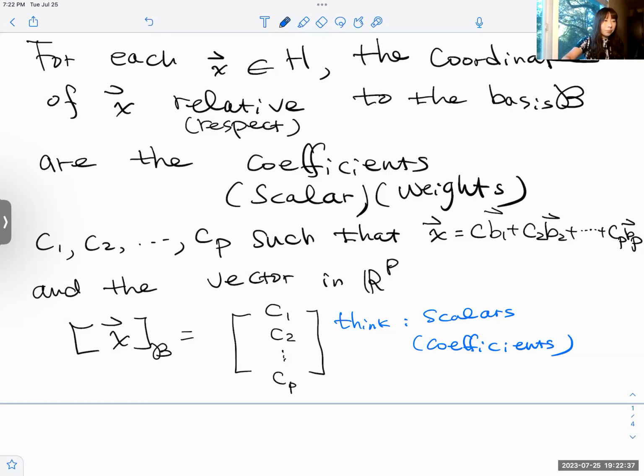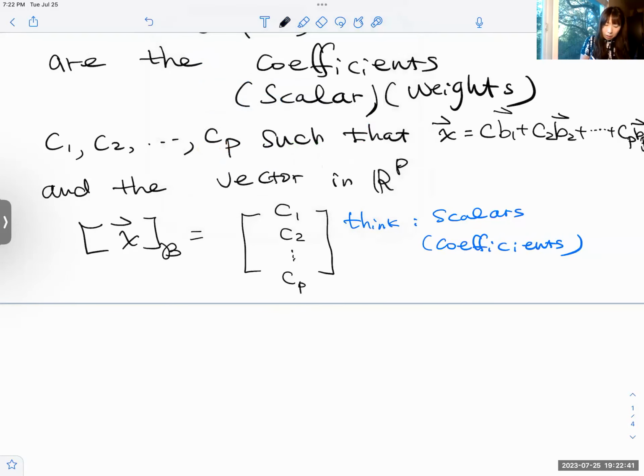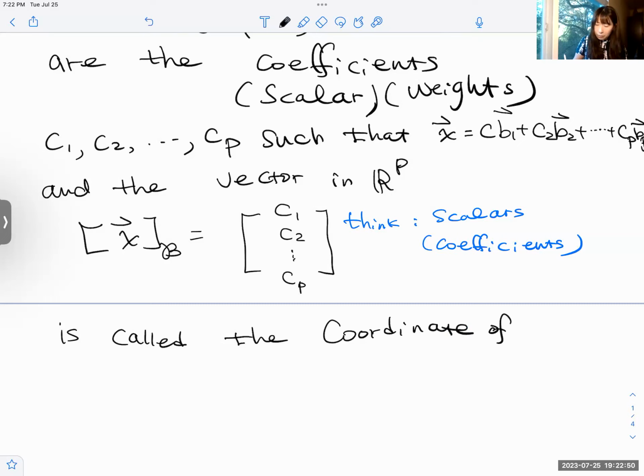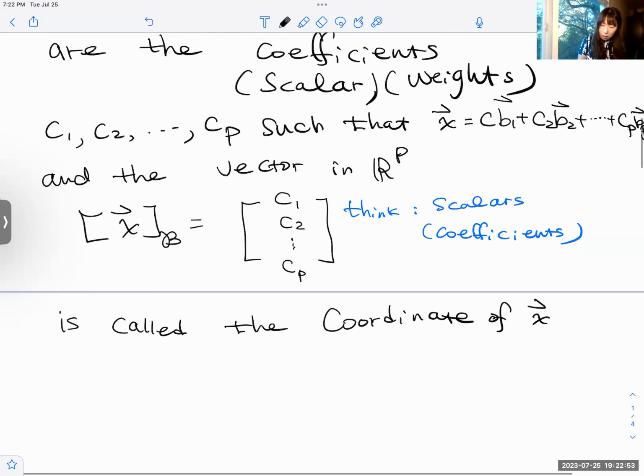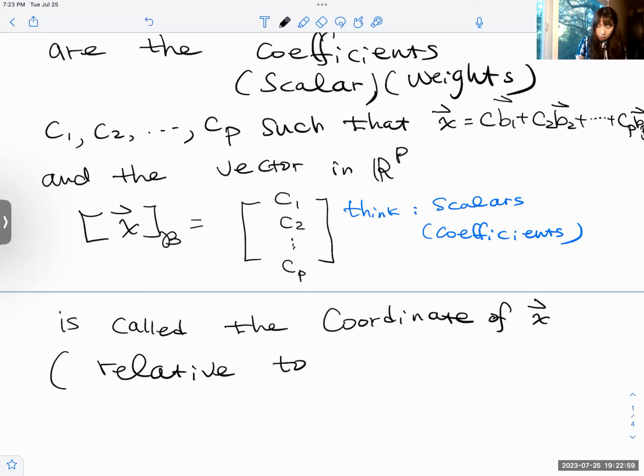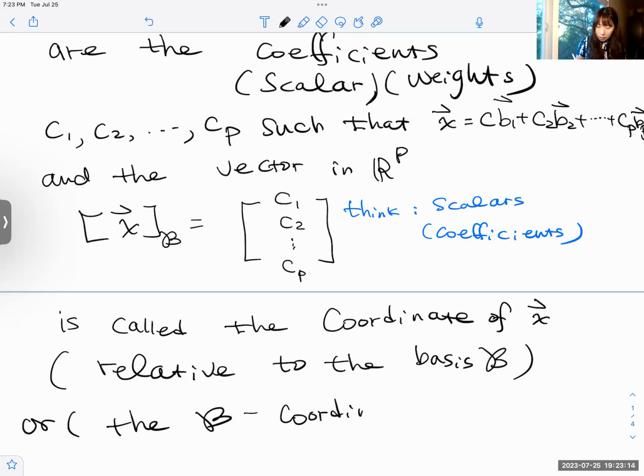It's called the coordinate of vector x relative to the basis B, or the B coordinate vector of x.